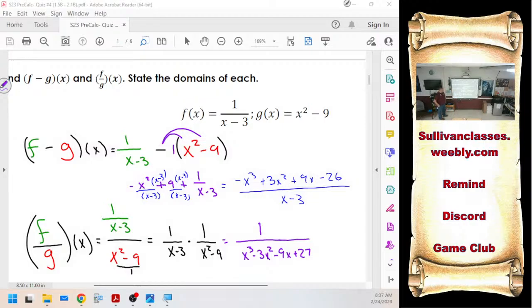Yep. Distribute. Why can't you cross multiply? Cross multiply is when it's equals. A over B equals C over D. I cross multiply. When it's A over C times B over D, I can cross cancel because they're going to end up numerator over denominator.